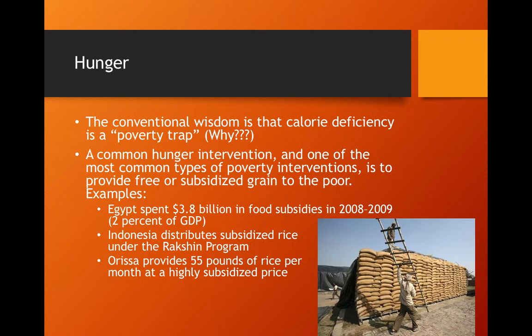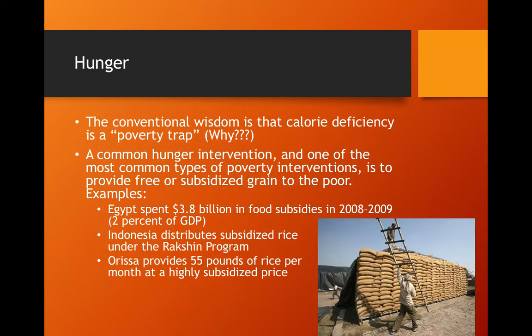And so based in part on this idea, one of the most common types of interventions has been to provide free or subsidized grain to the poor. For example, in 2008 to 2009, Egypt spent almost $4 billion subsidizing grain, 2% of its GDP, to try to make grain more affordable to the poor.